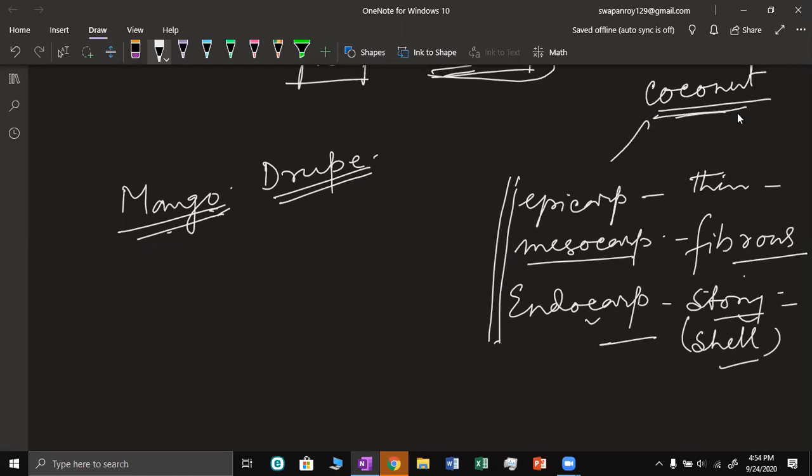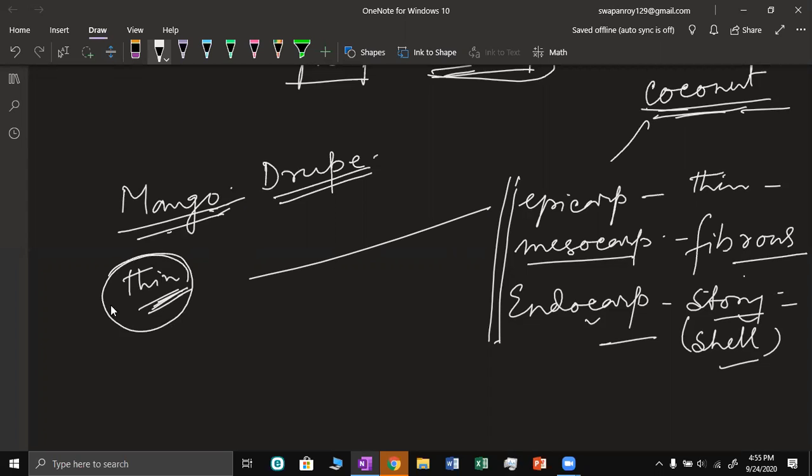There are fruits of different types. There are fleshy fruit, dry fruit. Within the fleshy fruit, there are several types. In mango, the epicarp is thin, not very thin. It is very easy to identify, and from the ripe mango this epicarp can be peeled out. That forms the skin layer.